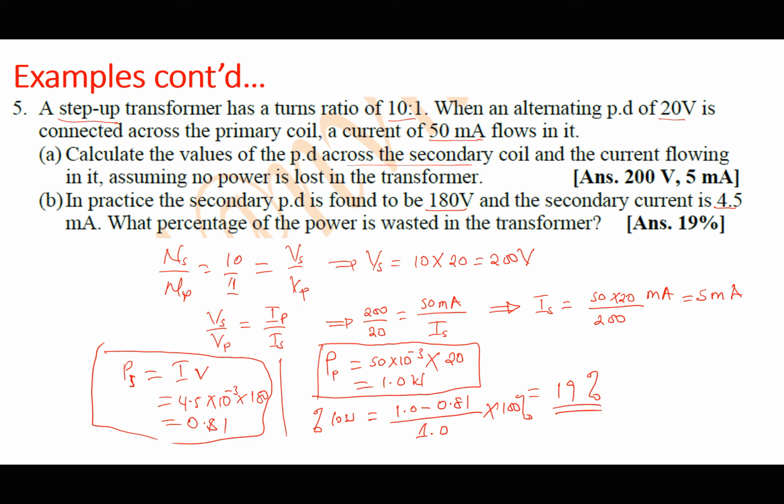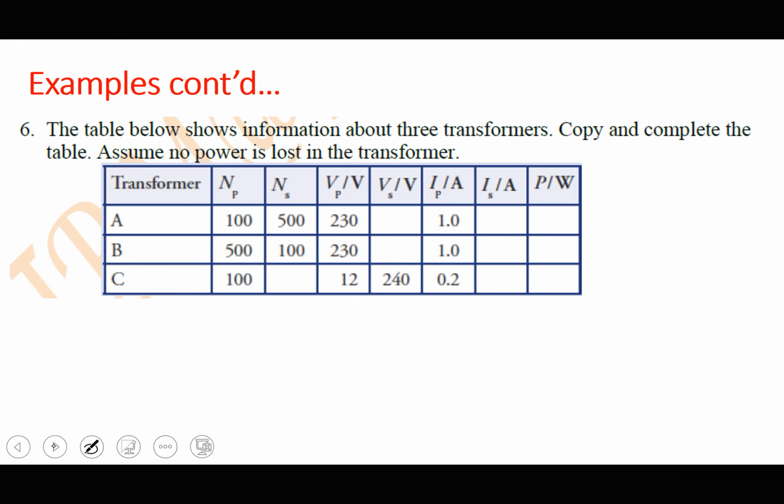Okay. I think most of the remaining questions can be solved by most of the students, but I'll just give a hint. The table below shows information about 3 transformers. Copy and complete the table. Assume there is no power lost in the transformer. So if we assume no power loss in the transformer, then the transformer is ideal.